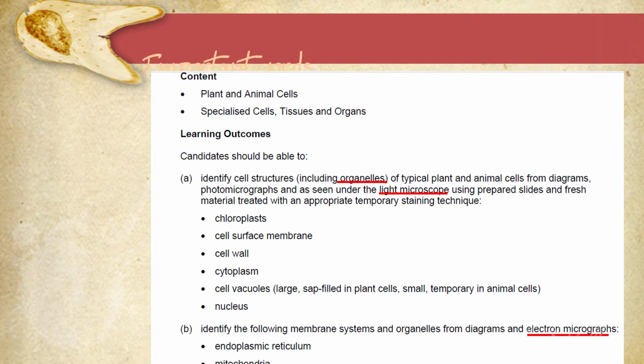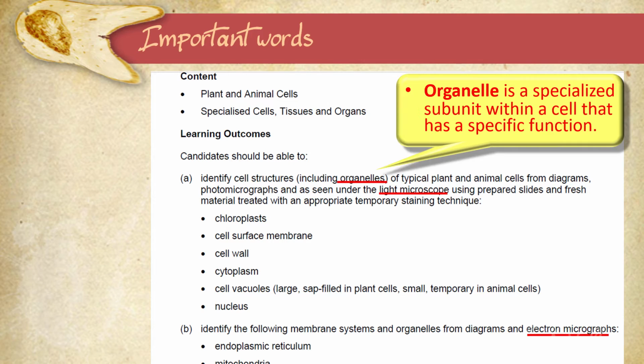So if you open the PDF, you will see that in this chapter, what you have to know is to identify cell structures, including organelles. So you might ask, oh, this is new to me, what is an organelle? An organelle is a specialized subunit within a cell that has a specific function.